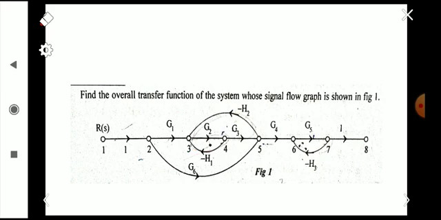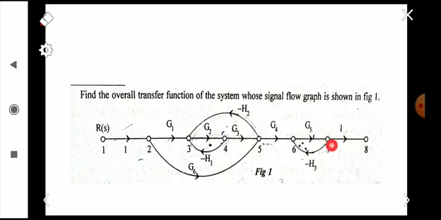Non-touching means we can't find any node common to these two loops. Here the nodes are these round circles.